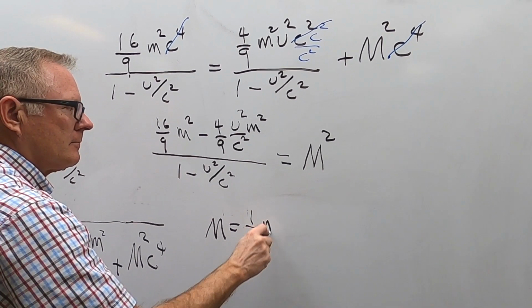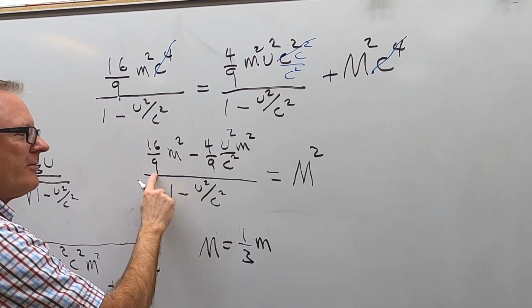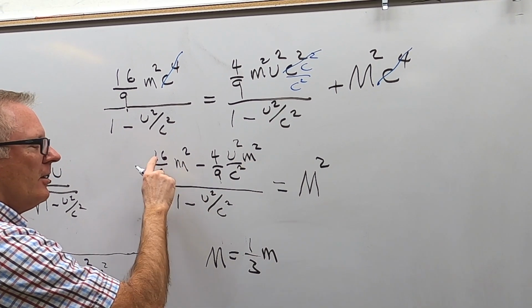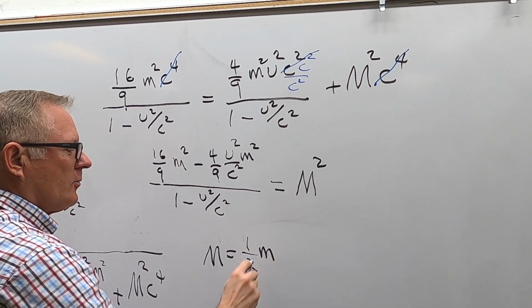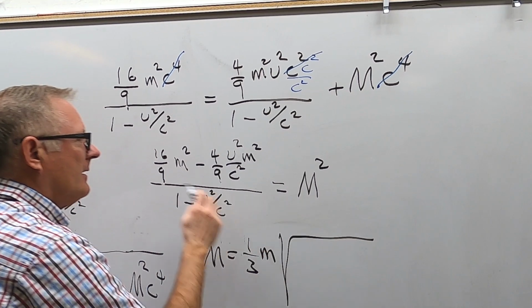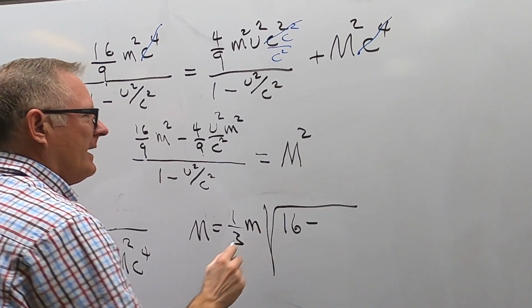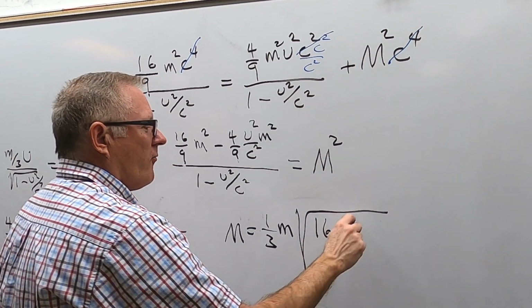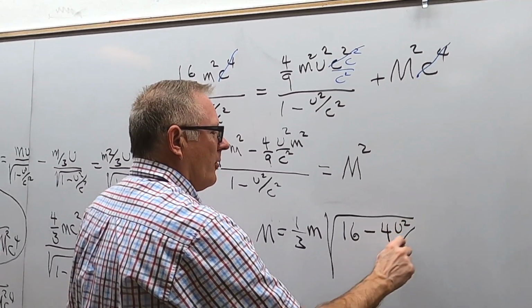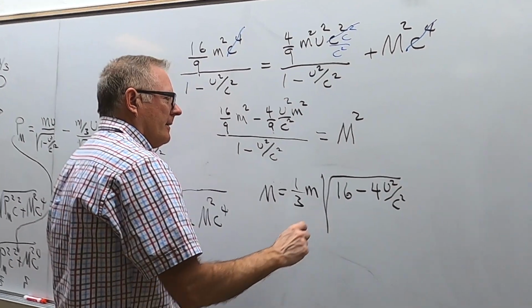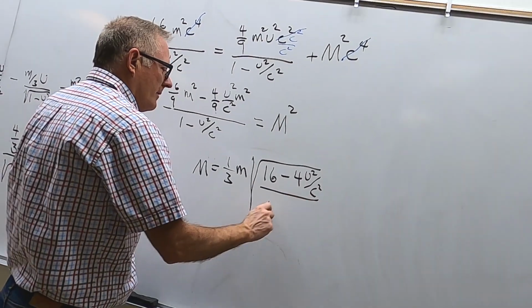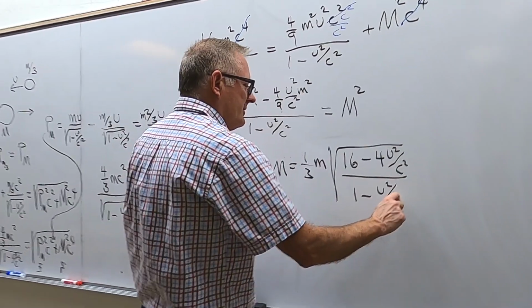We pulled out the 3, we pulled out the m's. So we're left with, and we're taking the square root of everything, 16 minus 4u squared over c squared, divided by 1 minus u squared over c squared.